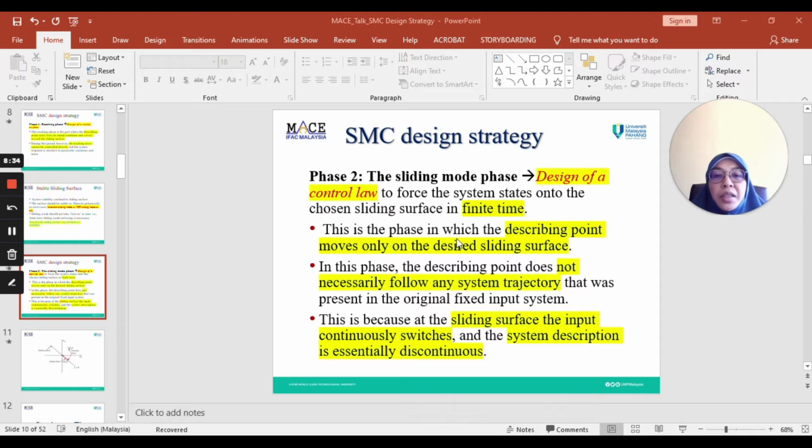So this is the phase in which the describing point moves on the desired sliding surface, and in this phase, the describing point does not necessarily follow any system trajectory that was present in the original fixed input system. This is because on the sliding surface, the input continuously switches, and the system description is essentially discontinuous.